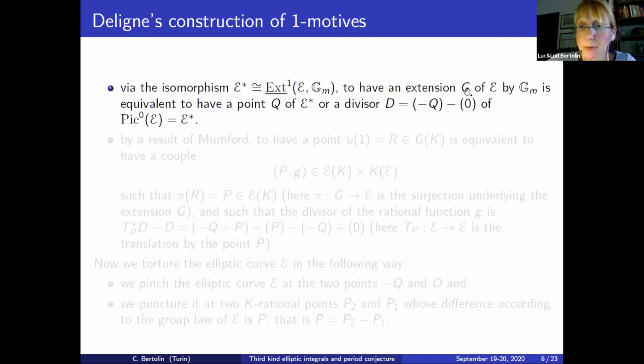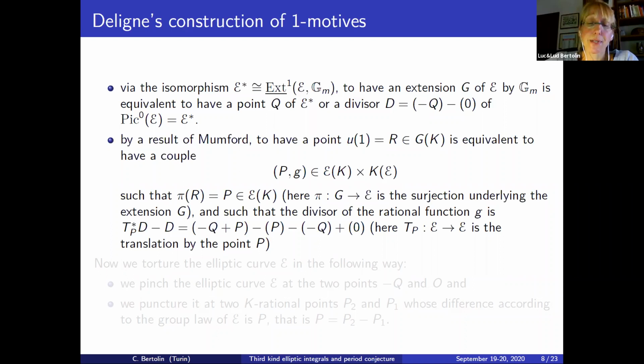We have already observed that an extension of E by G_m is equivalent to having a point in E star, or to having a divisor in Pic^0 of E. By a result of Mumford, to have a rational point on G is equivalent to have a rational point P on the elliptic curve, which will be the projection of R on the elliptic curve, because we have the projection of G onto E.